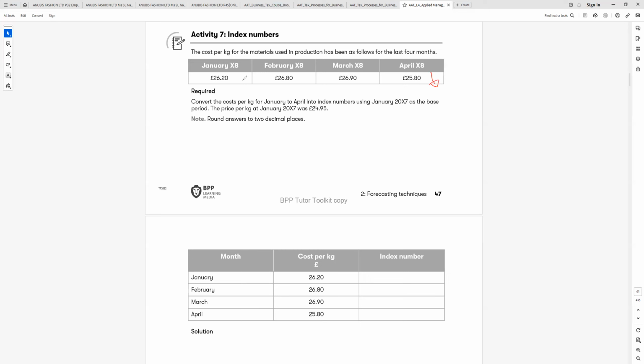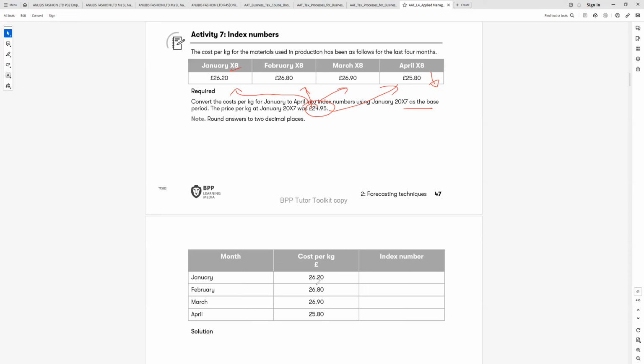So we're going to use January 2007 as the base period, and in January 2007 it was 24.95. So we'll compare based on the last year, because we are now in 2018. Compared to January 2017, how much is the price increasing in January 2018 and February, March, and April. So that will be our comparison.